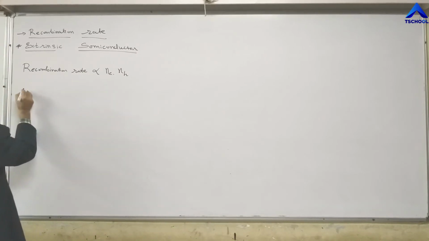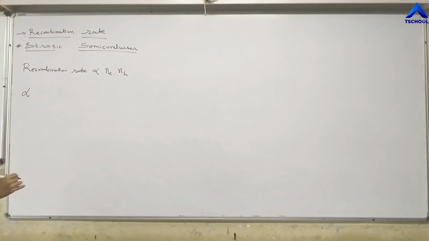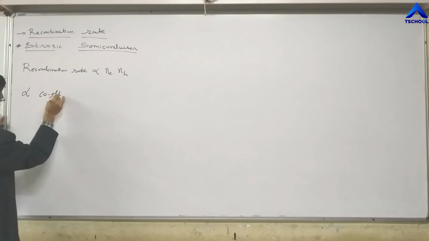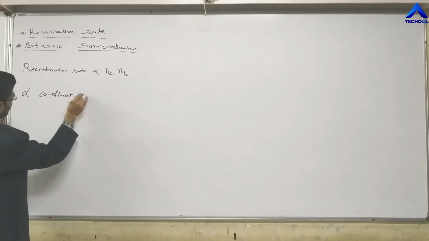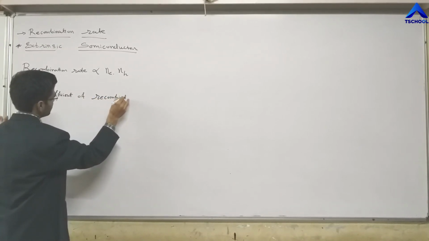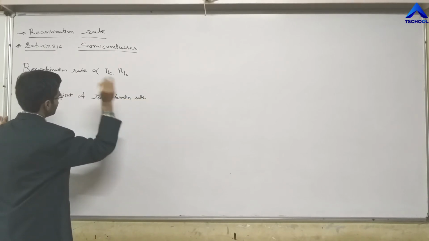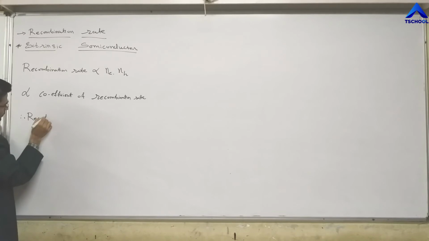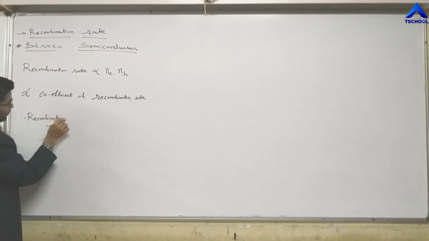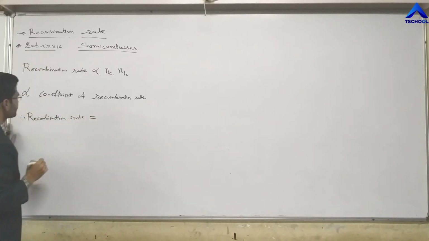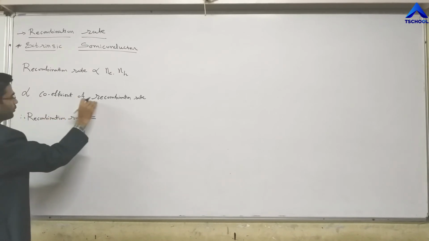Here the proportionality sign represents the coefficient of recombination rate.